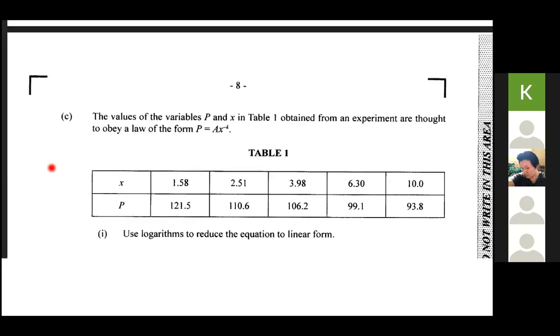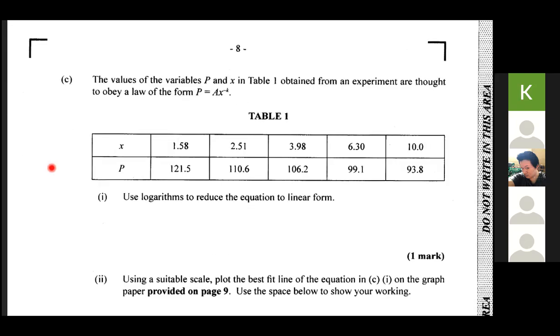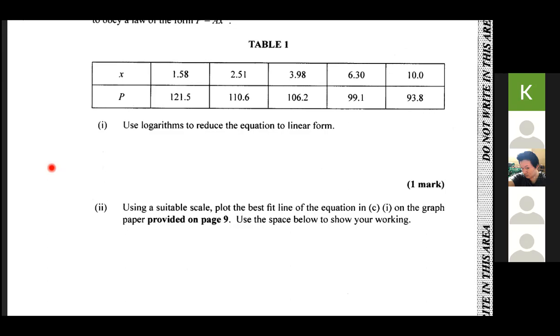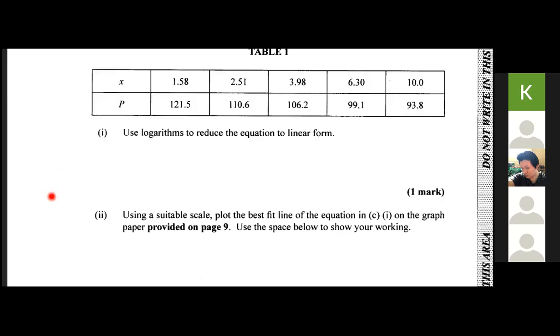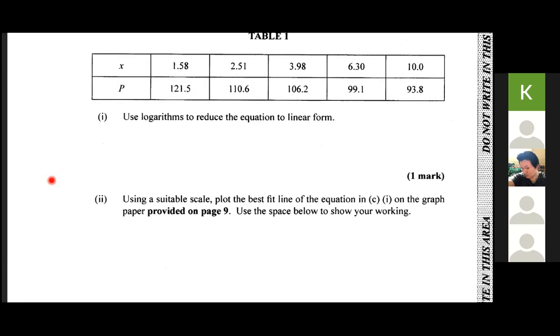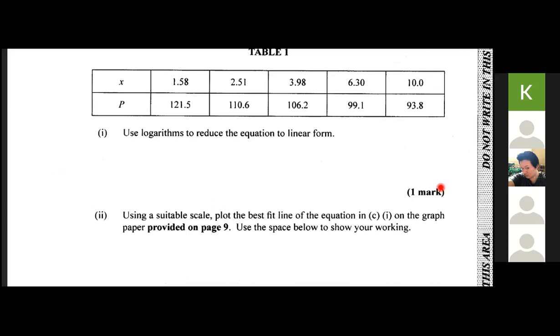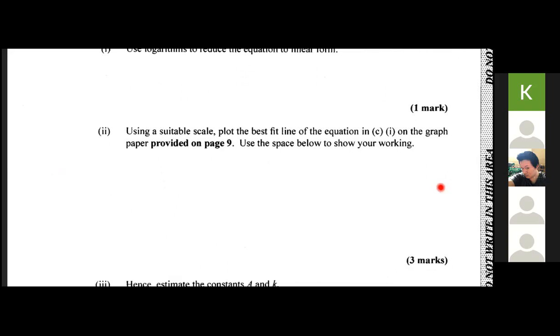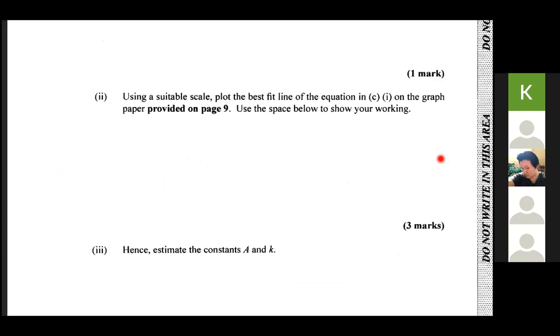Okay, well, this question: using a suitable scale, they expect you to come up with your own scale and plot the best fit line of the equation in C part 1 on the graph paper provided on page 9. Use the space below to show your working.